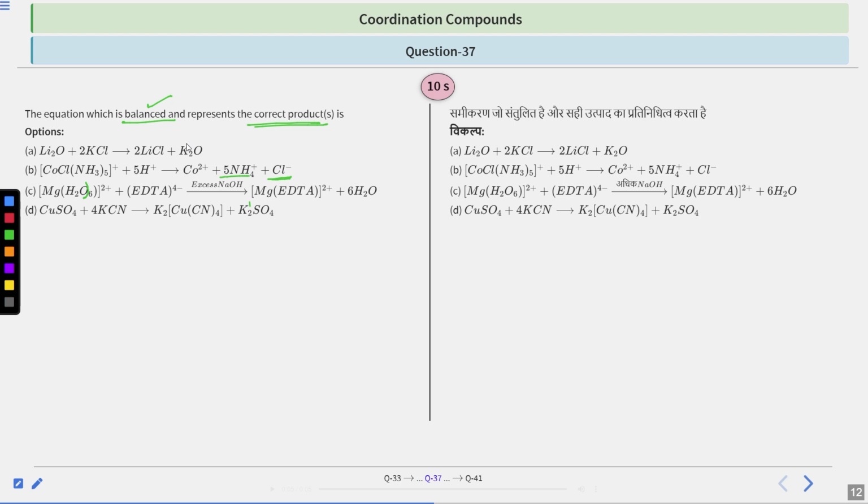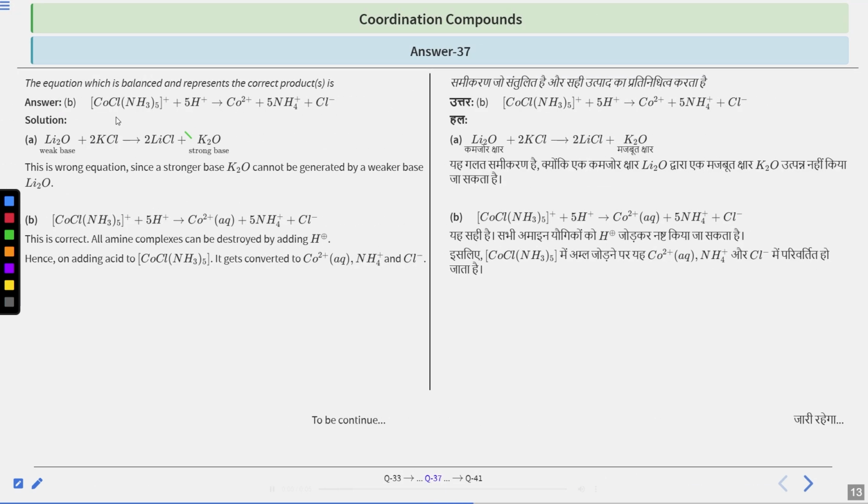After that, we will see the answer. Okay, let's see. The correct answer is option B, that is [CoCl(NH3)5]+ plus 5H+ giving us Co2+ plus 5NH4+ plus Cl-.